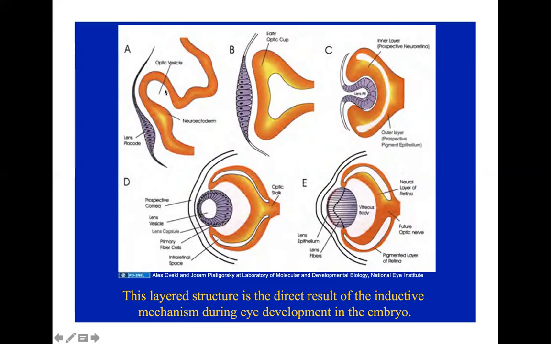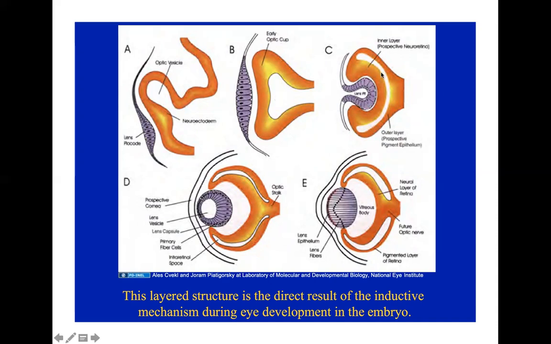This diverticulum forms your optic vesicle and your optic stalk. The optic vesicle will become your optic cup, which forms the retina, the iris, and the ciliary body. The mouth of this cup will begin to form your pupil.